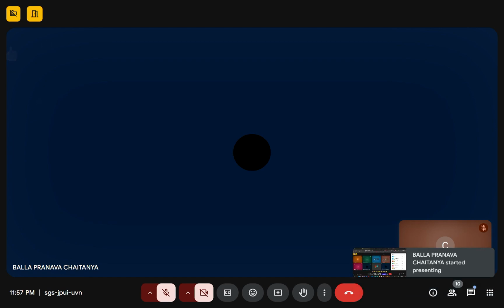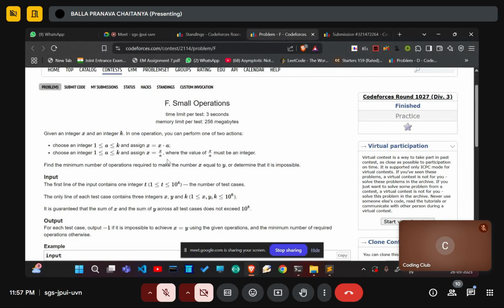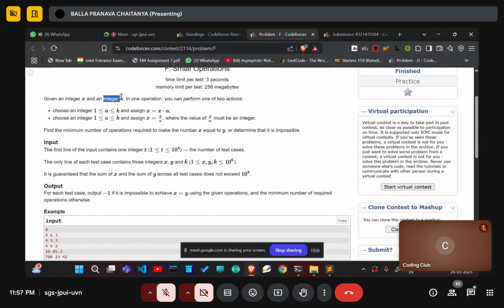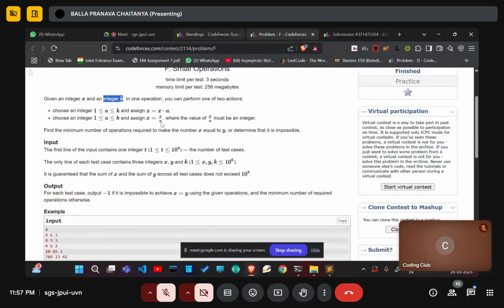Okay. So in this problem, we are given two numbers x and y, and we have to make both of them equal by performing some operations. Also, we are given an integer k, and we have to either divide number x or multiply number x by a number a such that it becomes equal to y.